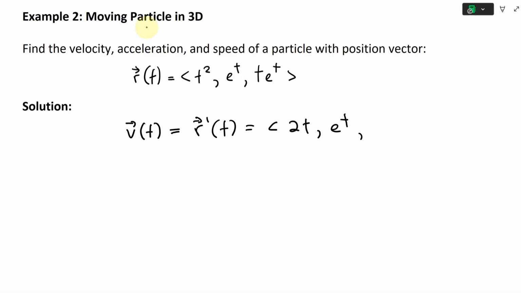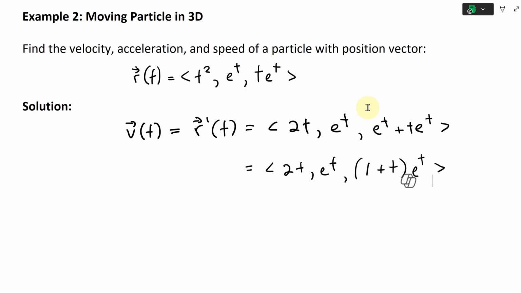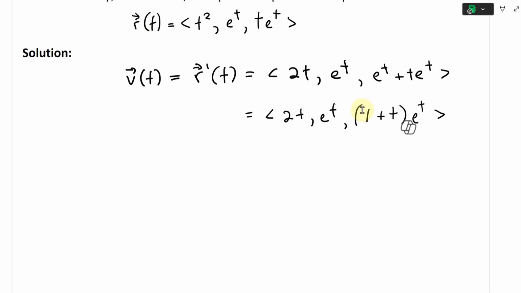Now for t times e to the t, using the product rule, the derivative of t is 1, so we're going to have e to the t, plus t times the derivative of e to the t, which is e to the t. Now this equals 2t e to the t, and then we factor out the e to the t, so we get 1 plus t, times e to the t. Fascinating stuff.